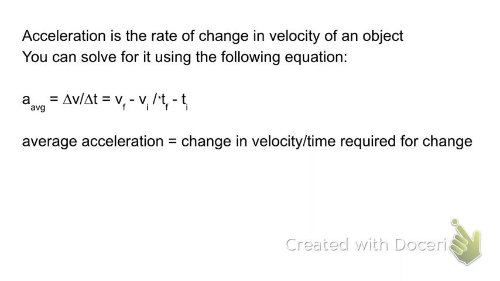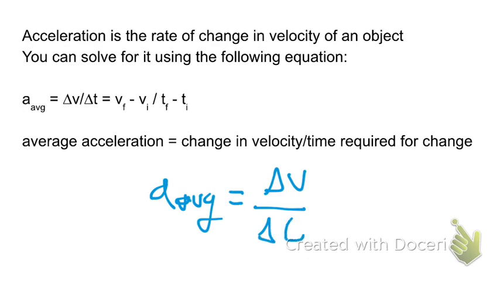To begin, acceleration is the rate of change in velocity of an object. You can solve for it using this equation. And once again, I will write this out in a more visually appealing way. I like to write it acceleration average equals change in velocity over change in time.